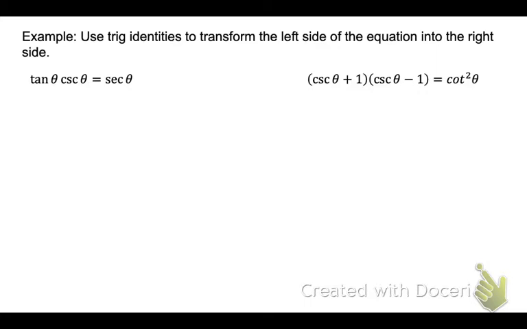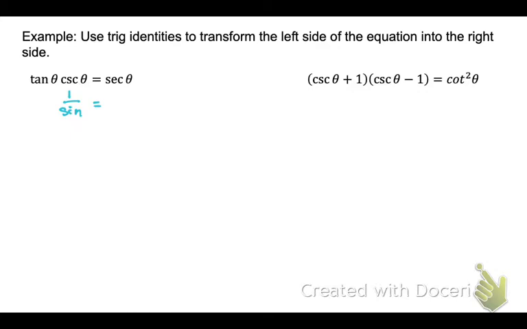So here we probably should use the reciprocal identities if we can. So cosecant is 1 over sine. Okay? So 1 over sine is cosecant, correct? Well, we want to have secant when we're done, yes?